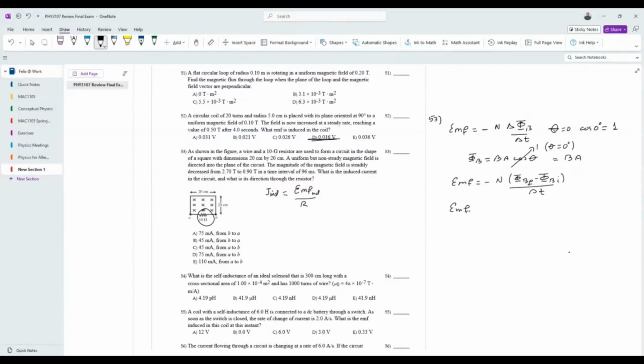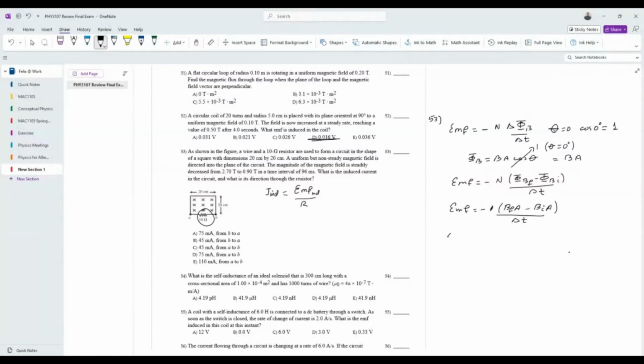So this electromotive force will be the number of turns, which is 1 in this case, because it's just one circuit, times phi B final, which is B final times the area, minus B initial times the area, over delta t.